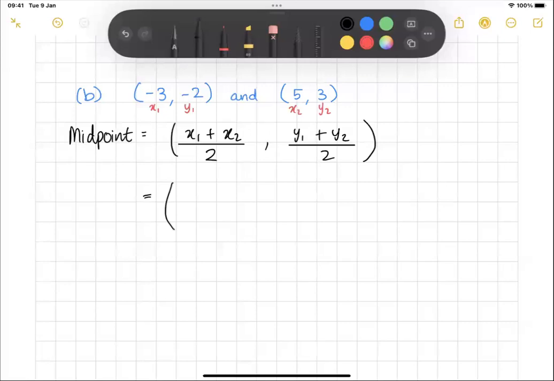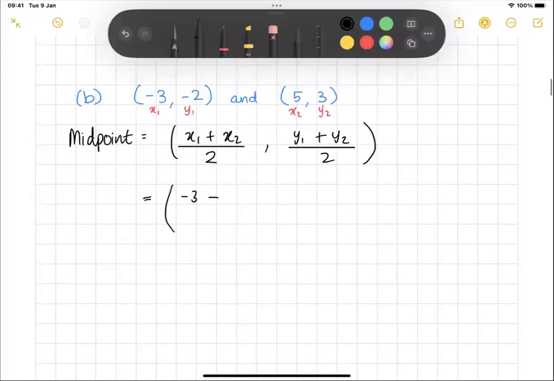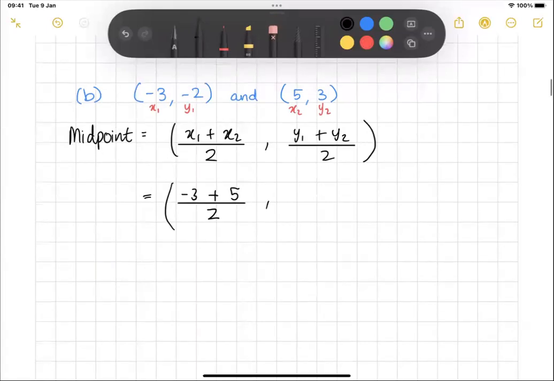Once I've done that, let's substitute my values. x1 is -3 plus, okay, this is where we need to be a bit careful because there's negatives, my x2 is 5, all over 2. Comma. My y1 is -2 plus my y2 is 3, all over 2.